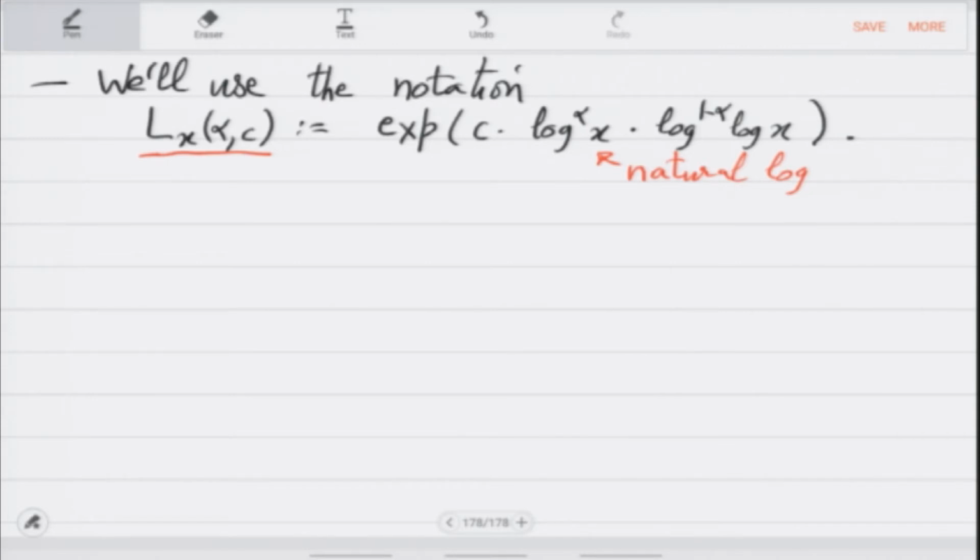So the best algorithm known is due to an analysis by Pomerance. It's called the general number field sieve.